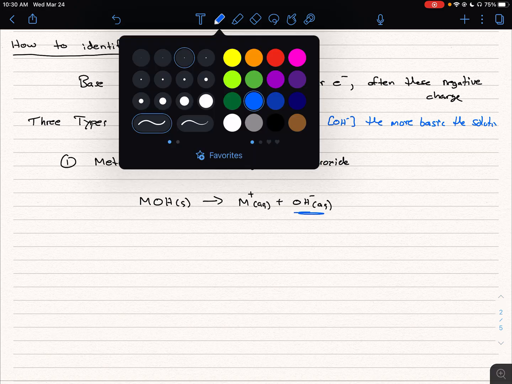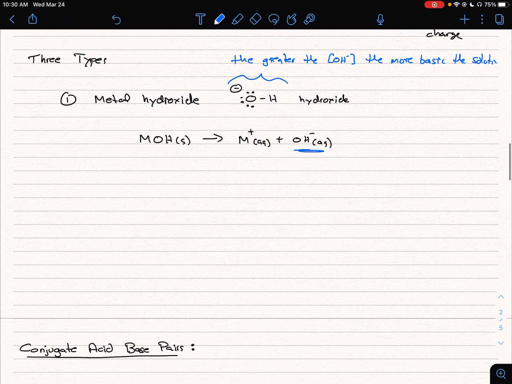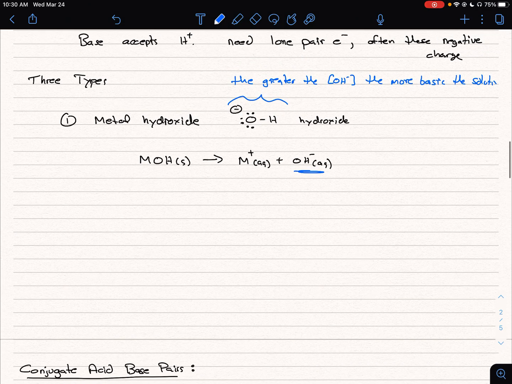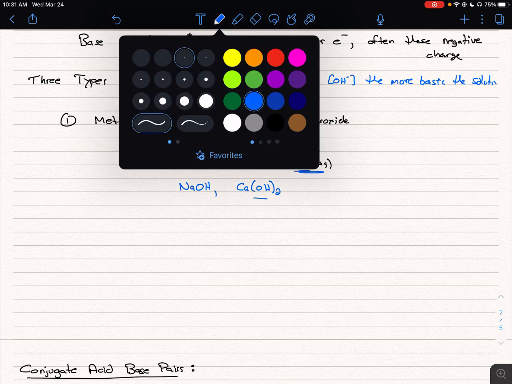And we can see this in different types of metals. I've just drawn a generic metal hydroxide, but we could also imagine having something like sodium hydroxide or calcium hydroxide, which would actually put 2 hydroxides for every calcium hydroxide in water, and other molecules like that.